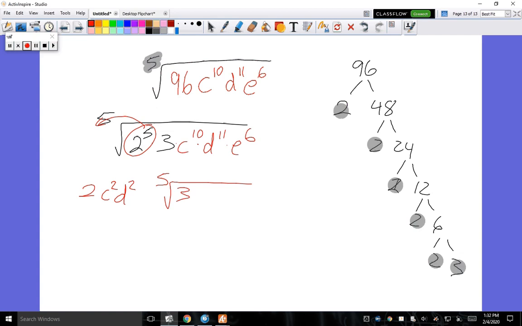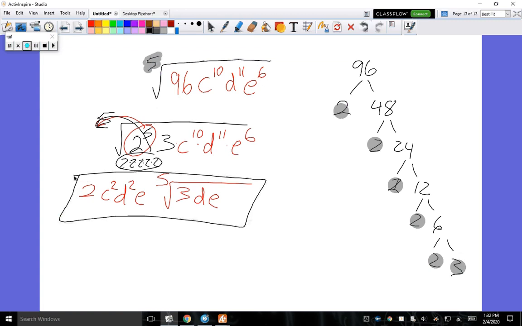How many are left inside? 1. Do the E's come out? How many? 1. How many are left inside? 1. Guys, if you have to write 5 2's to see that it comes out as a 2, by all means do it, please. Otherwise, all of this is your simplified answer.